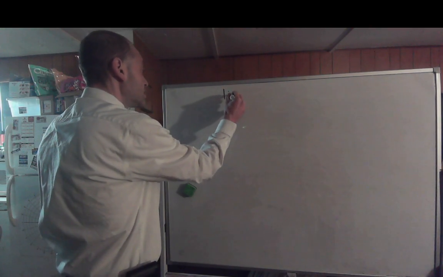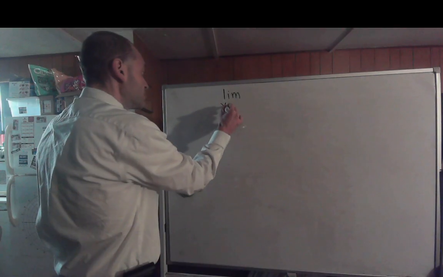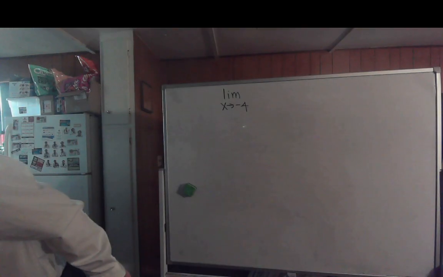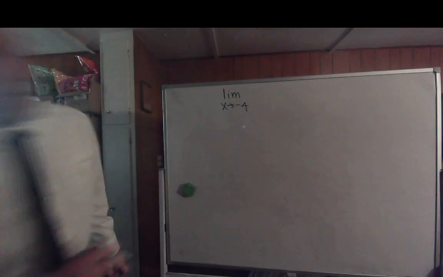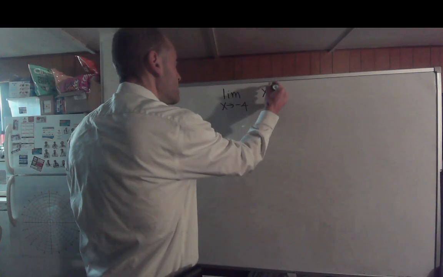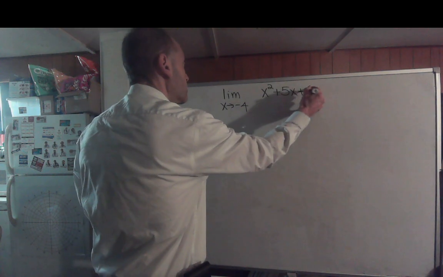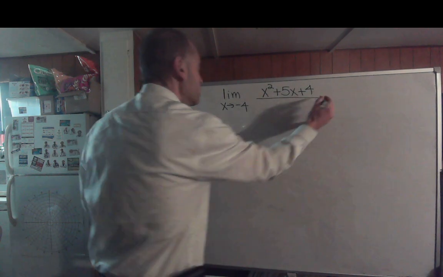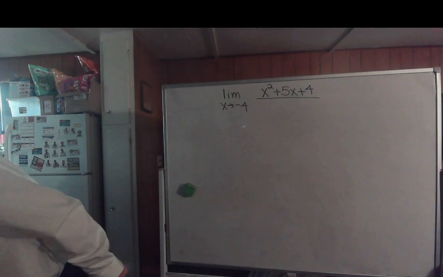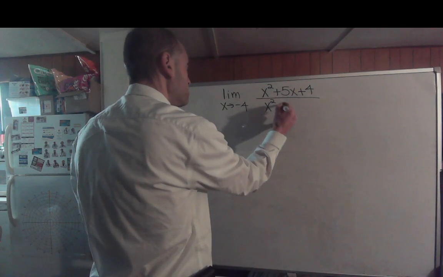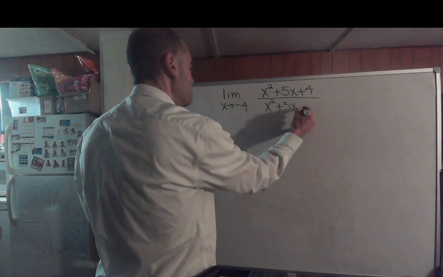Alright, let's see here. We have the limit as x approaches -4 of x squared plus 5x plus 4 all over x squared plus 3x minus 4.